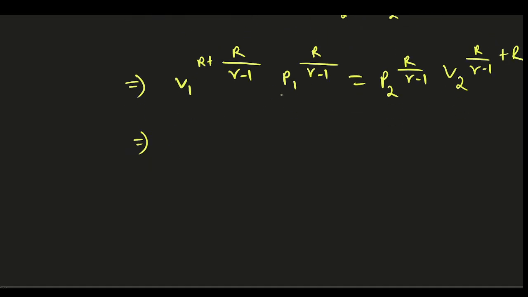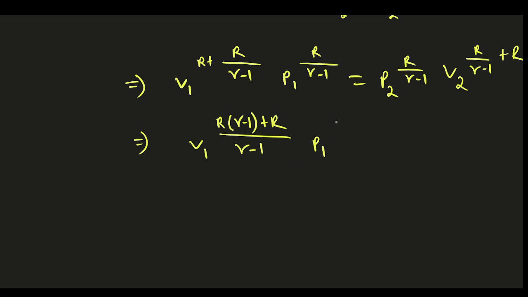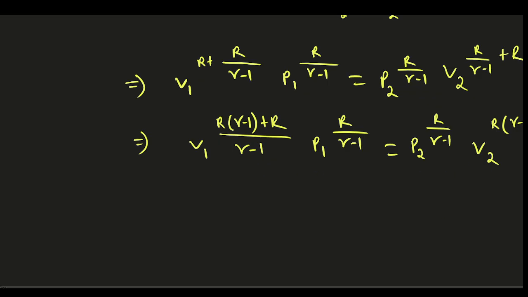So I just want to add this value, then what we get, B1. So denominator gamma minus 1, so it will become R by gamma minus 1 plus R by gamma minus 1. Similar for P1 is R by gamma minus 1. Similarly for P2 is R by gamma minus 1 and B2 is R by gamma minus 1 plus R. Yes.